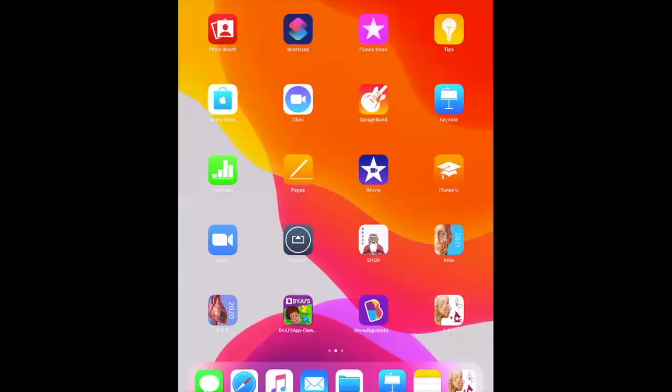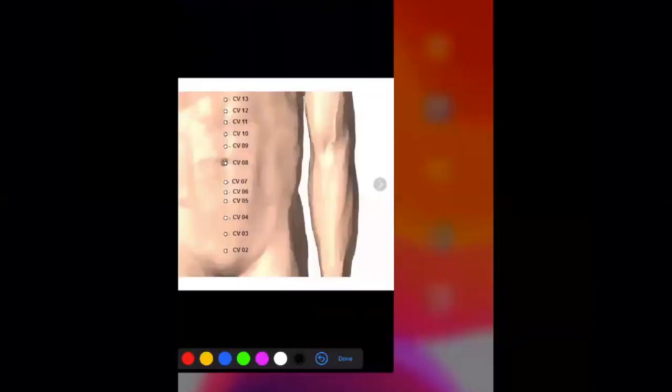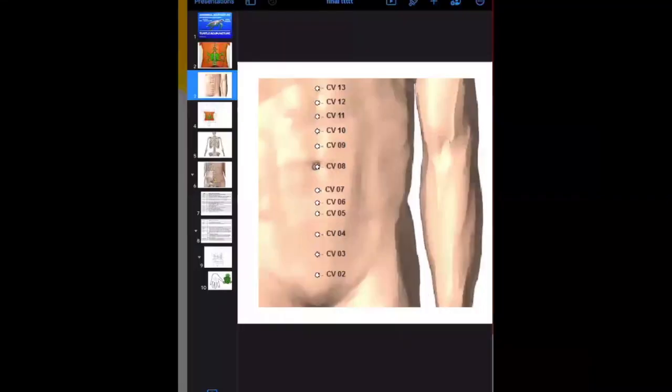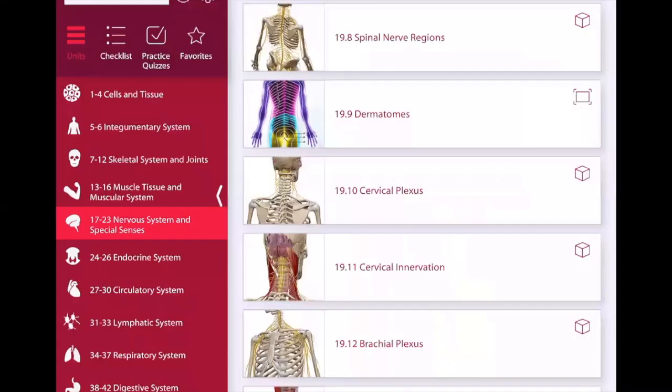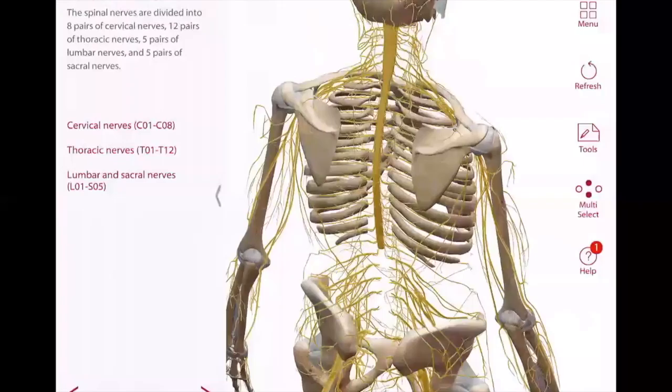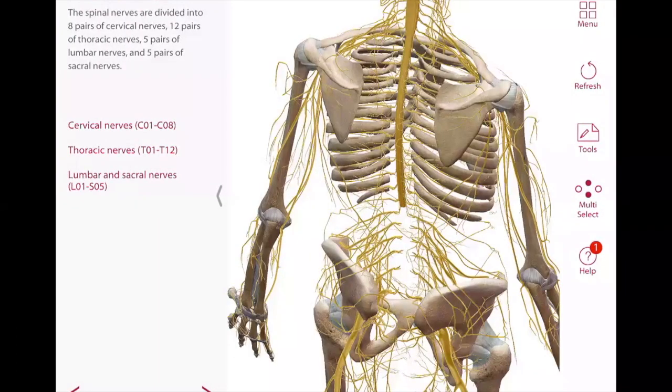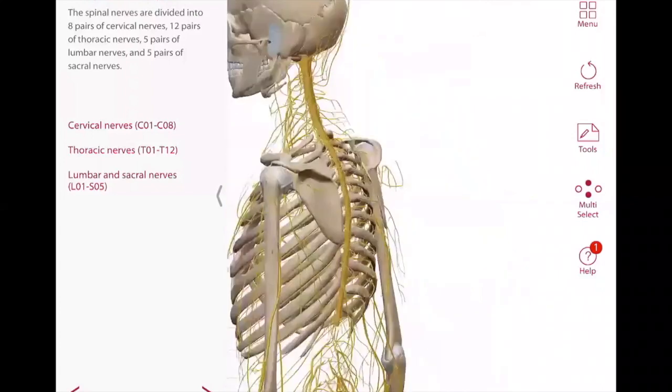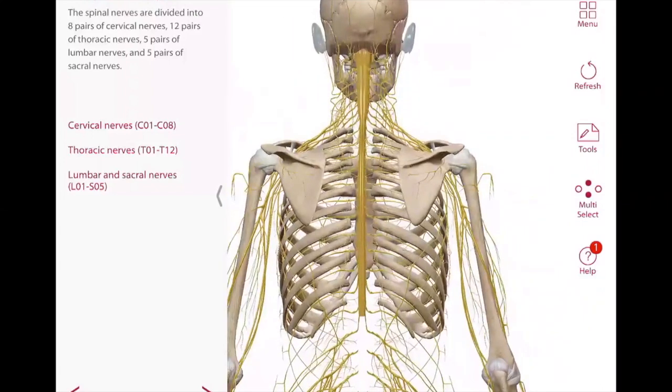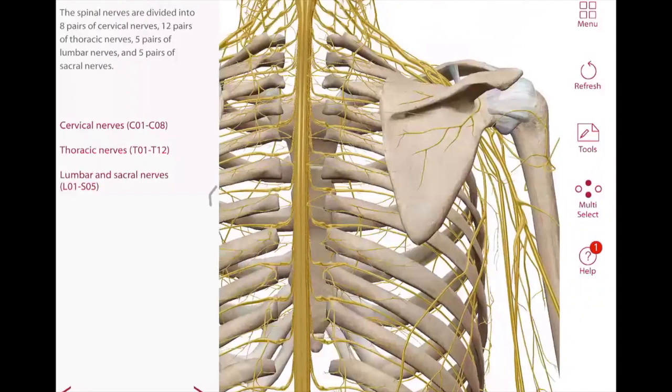When we see the other part of the spine, we can see nerves going from the cervical spine as well as nerves coming out from the thoracic spine.